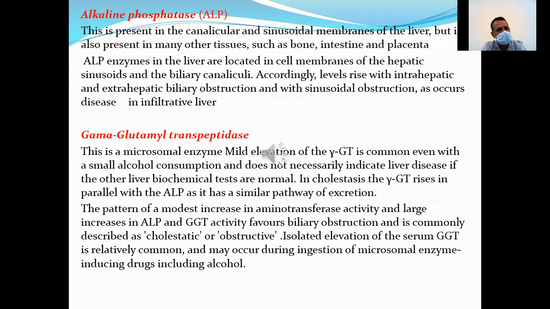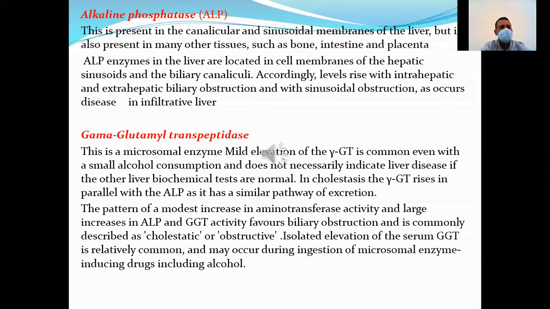liver disease. So a patient who consumed alcohol has an increase in this enzyme, but it does not necessarily indicate liver disease. It also increases in cholestasis, in parallel with alkaline phosphatase. So when this enzyme increases together with alkaline phosphatase, that indicates an obstructive disease.